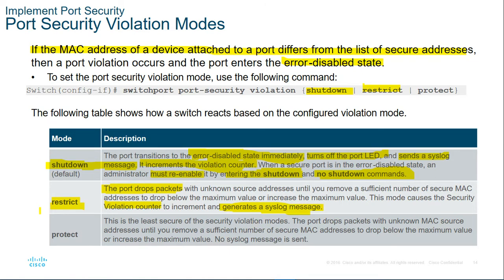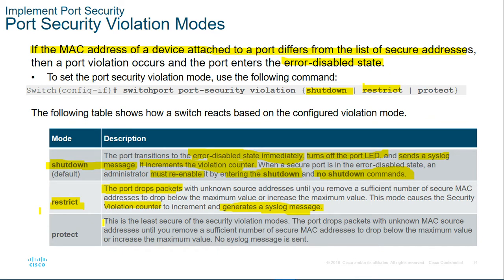Now we will go to the next option. The next option is protect. This is the least secure violation option. If you configure the port security violation as protect, it is not going to provide much security; it provides the least security.